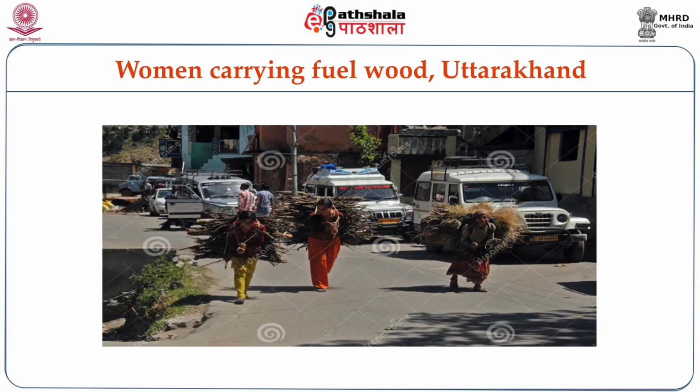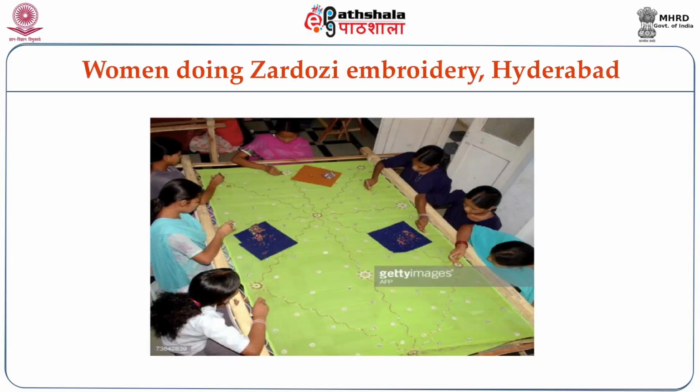The interesting thing about this image is, if you've noticed, that this is an urban location and there is no dearth of motor vehicles and other improved forms of transportation. Nevertheless, women are carrying large loads of fuel wood on their back and not using any other forms of transporting fuel wood.